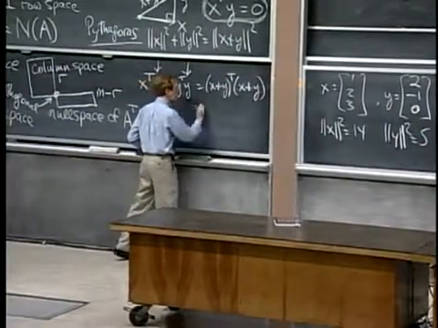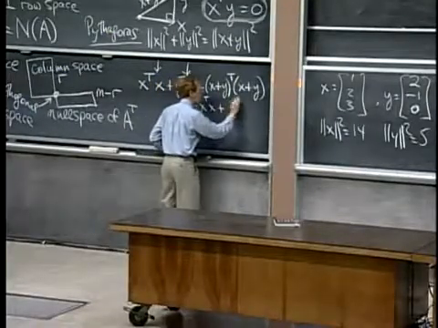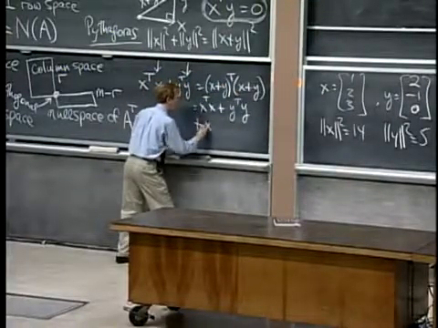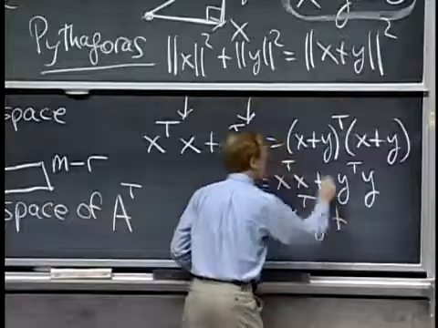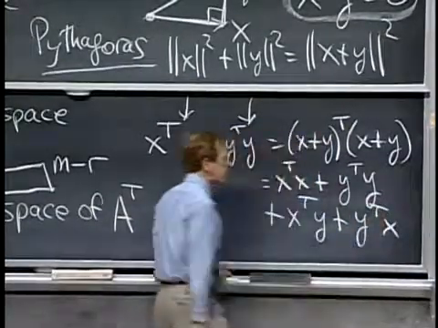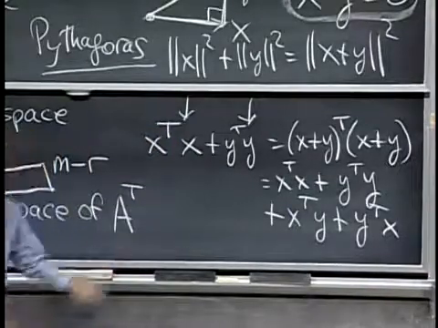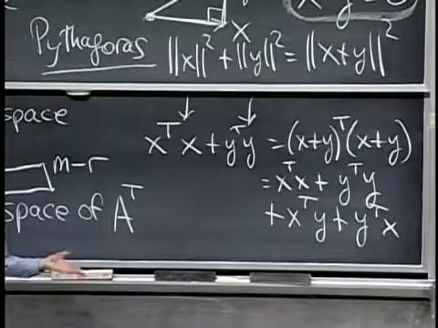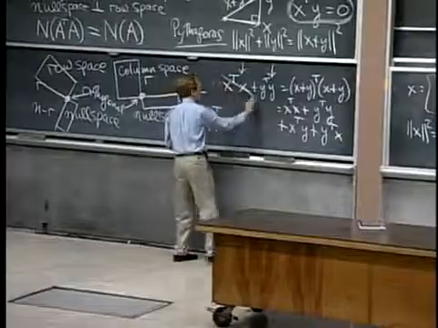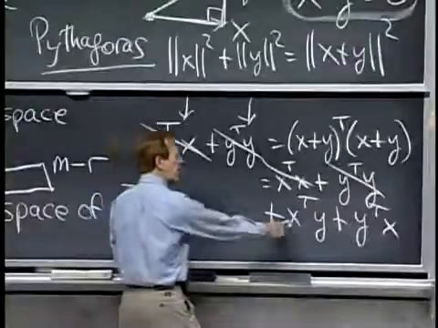There's an x transpose x there, and a y transpose y there, and an x transpose y, and a y transpose x. I knew I could do that simplification because I'm just doing matrix multiplication and I've just followed the rules. So x transpose x's cancel, y transpose y's cancel, and what about these guys?